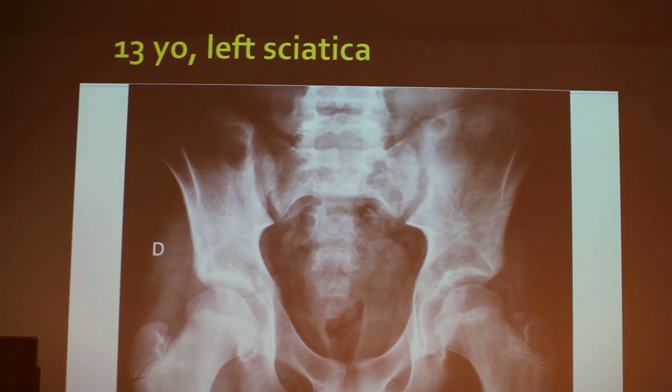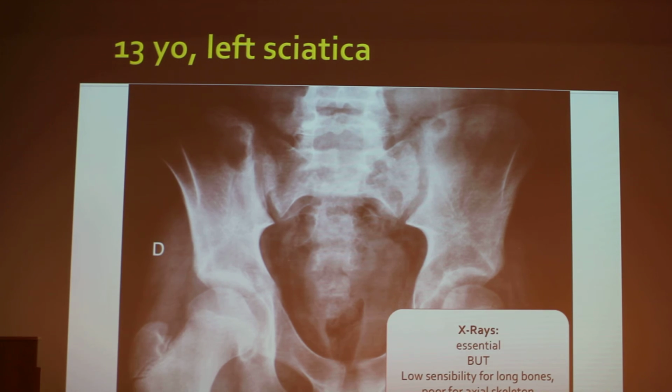Okay, so just a few words about X-rays. X-rays are essential, but there's a low sensitivity for long bones, and the sensitivity decreases for the axial skeleton, especially for the pelvis, because you have a lot of gas, and it could be really tricky for you. So whenever you have uncommon symptoms, like here, it's really uncommon to have sciatica for a teenager, you should go further.